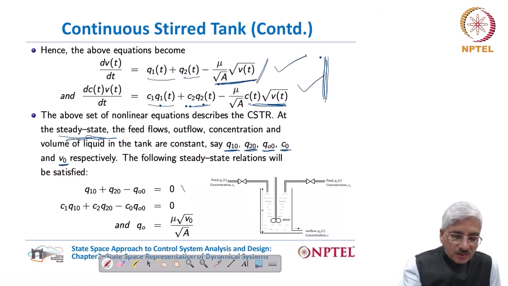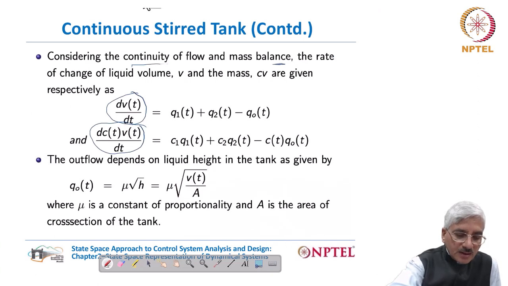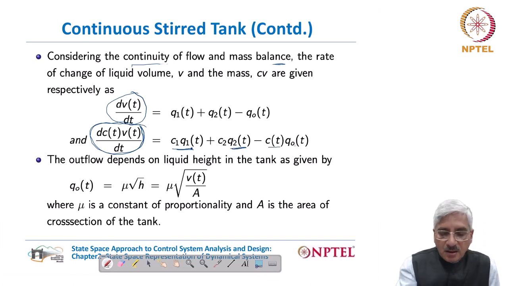This is this equation. Similarly, when we have a look at the second one, we are equating this to 0, and so C1 Q1 at steady state plus C2 Q2 at steady state minus C0 into QO at steady state will also be 0.